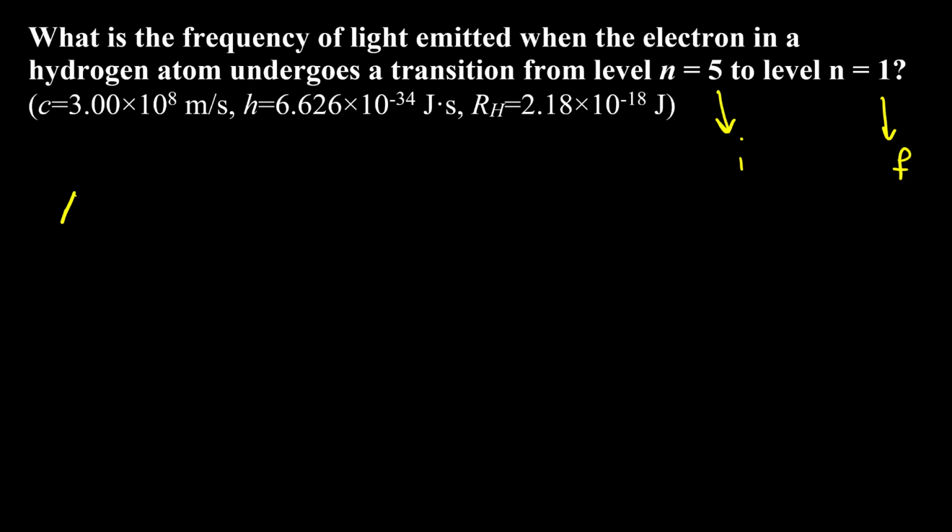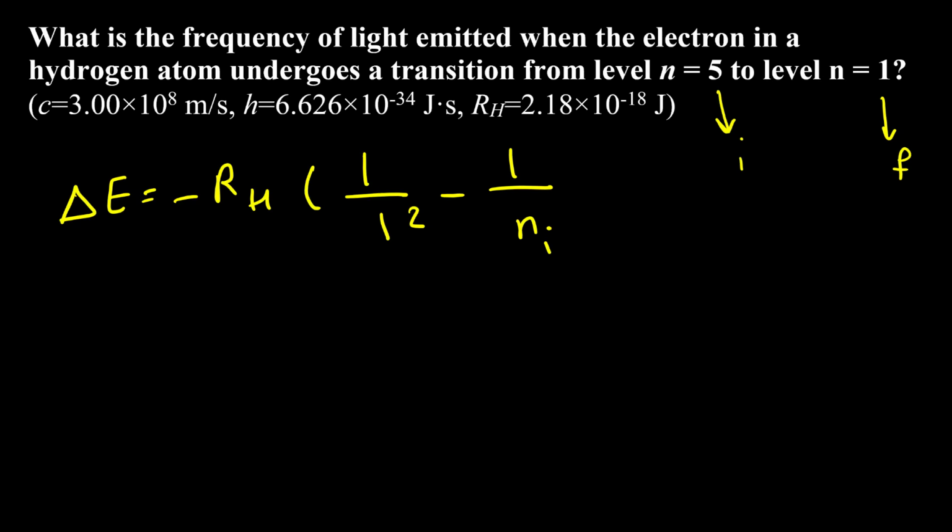So delta E is equal to the Rydberg constant times 1 over nF squared, where nF is equal to 1, minus 1 over nI squared, where nI is 5. 5 squared is 25. And 1 squared is 1, and 1 over 1 is also 1.